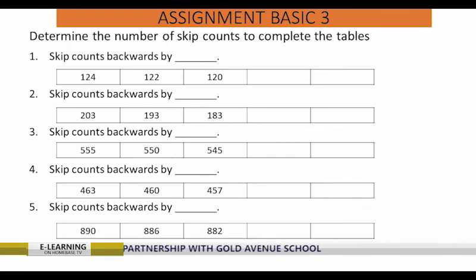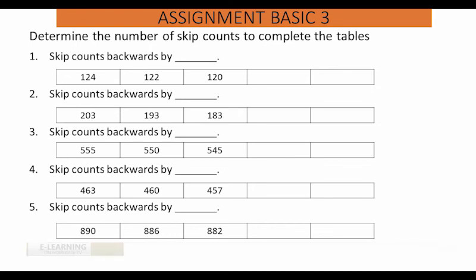Number 4, you are to skip count backwards by, and the numbers are 463, 460, 457.